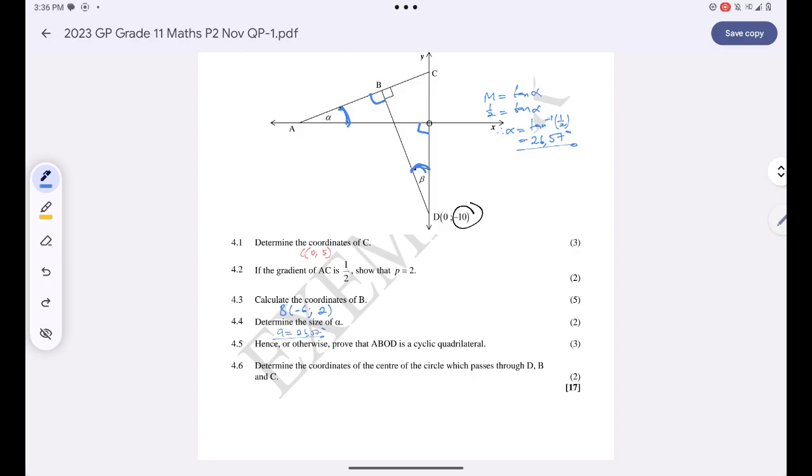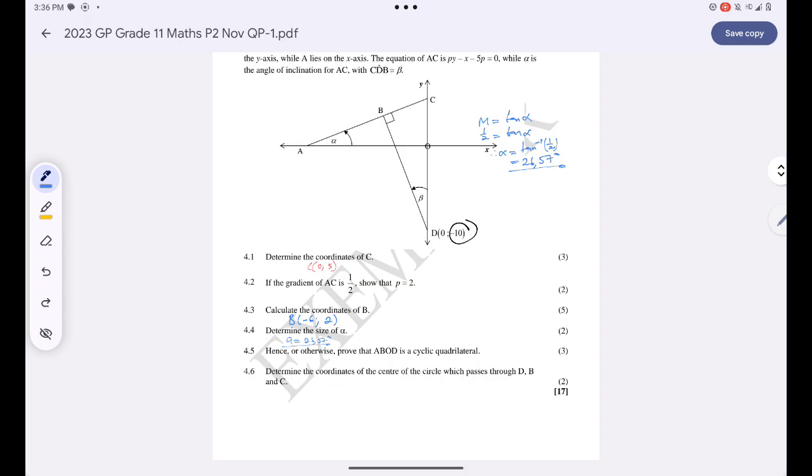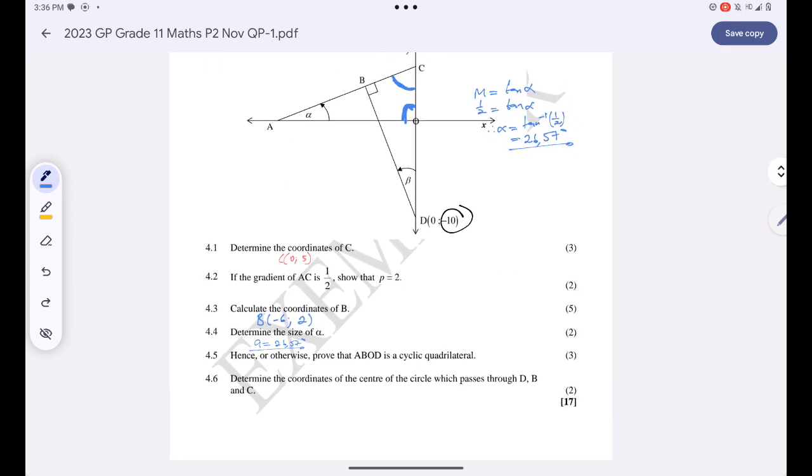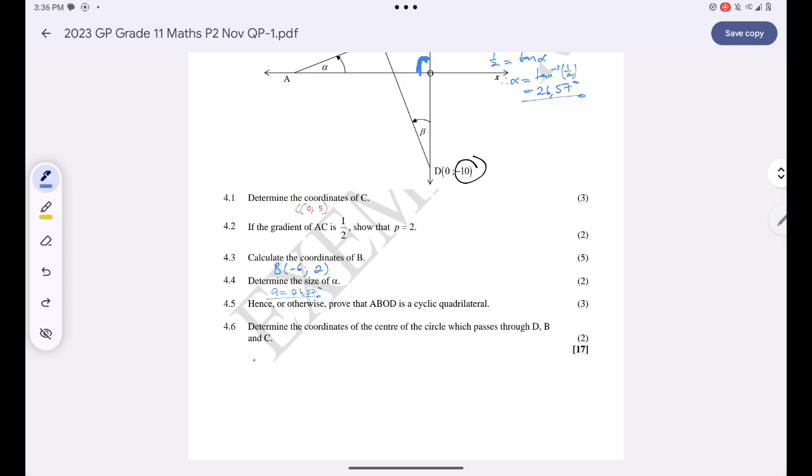beta. So if ever we do so, how can we find beta? I know that I have 90 degrees, né? And I just calculated the value of alpha. I can simply find the angle over there. Are you together? Angle alpha plus C plus the angle at the origin.